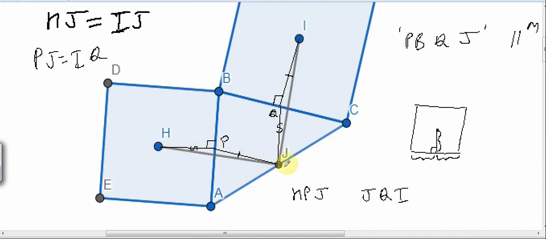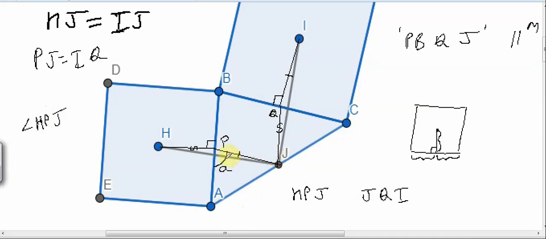Consider angle HPJ. HPJ is equal to 90 plus this angle. Let this angle be called small letter a. HPJ is equal to 90 plus a.